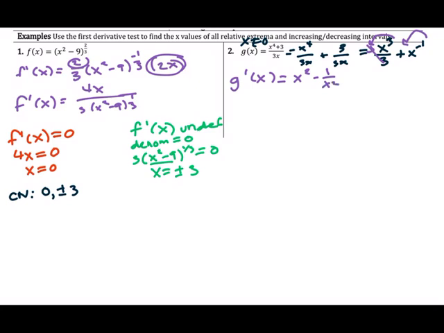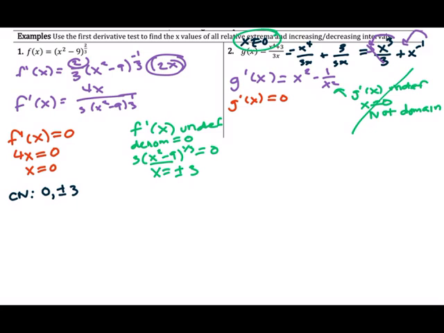Now, I want to know where this is 0 and where it's undefined. Well, the only place that it's undefined is if x equals 0, but this is not in the domain because we already know that x is not allowed to be 0, so 0 is not going to be a critical number. I don't need this information here. 0 is not a critical number.